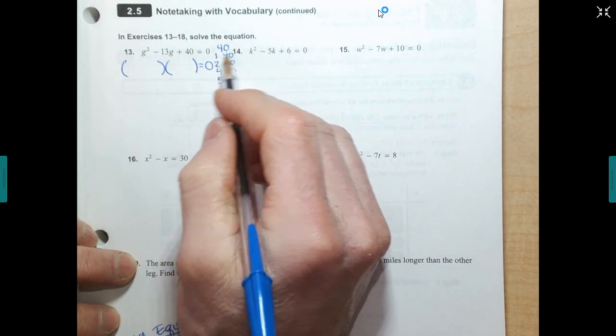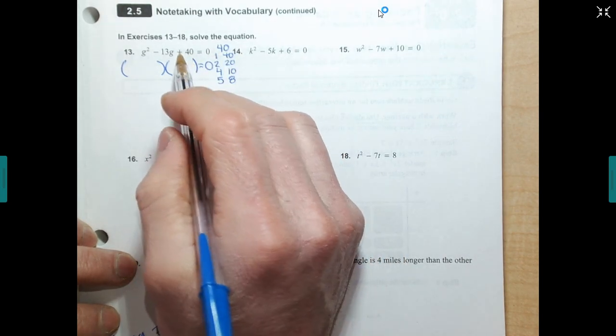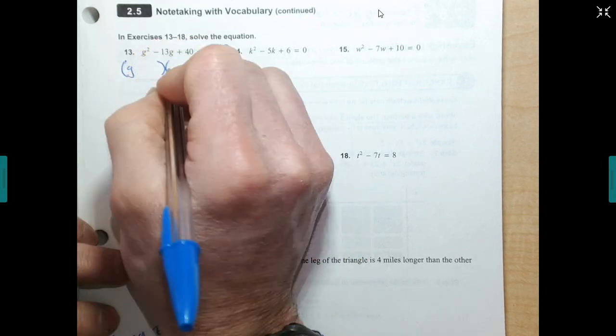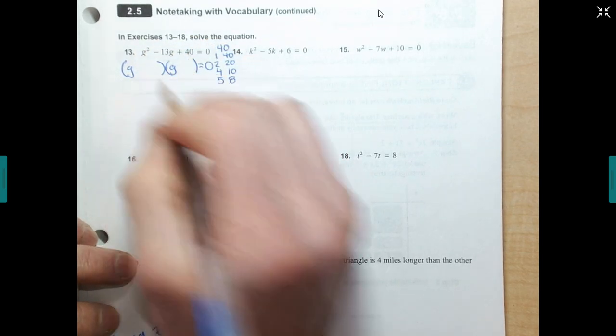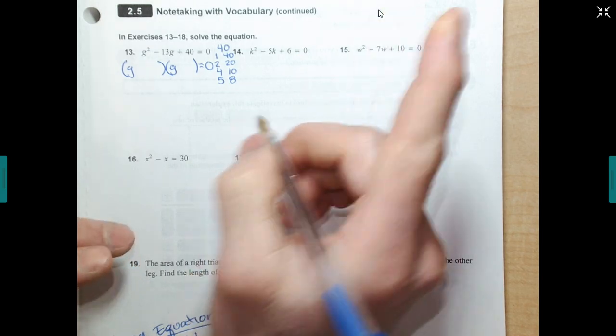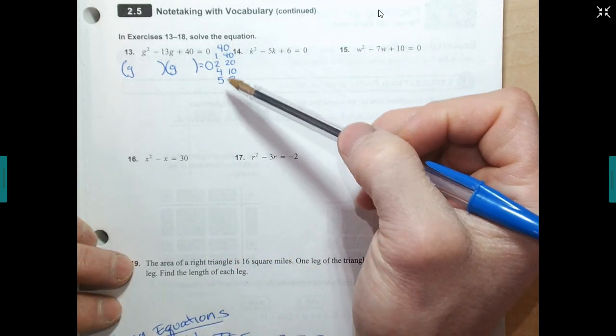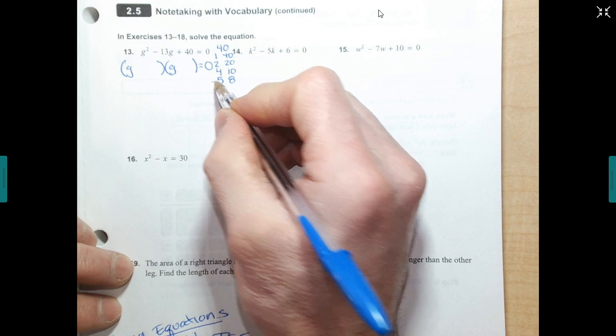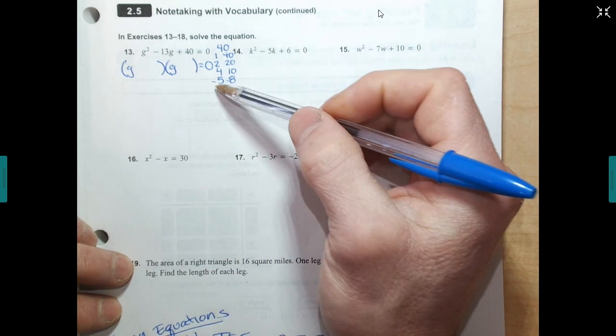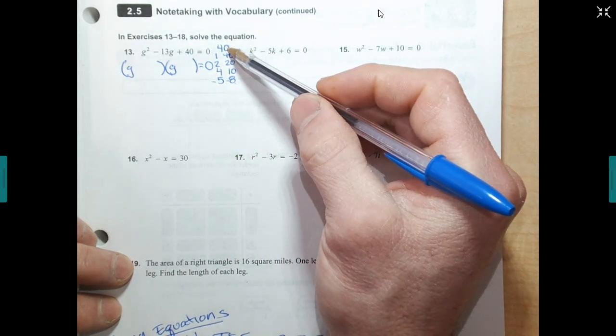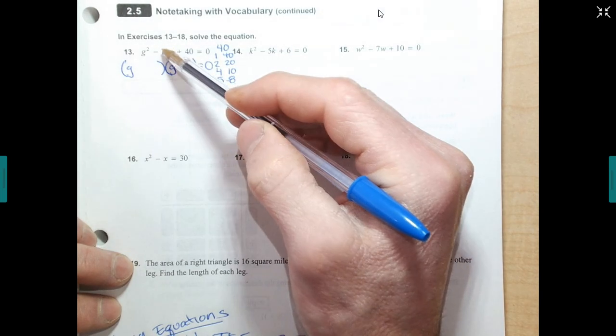But I can't have a positive and a negative. If I have a positive at the end, both of these operations have to be the same. So they're either both plus or they're both minus. So let's look here. I've got negative 5 minus 8. Negative 5 times negative 8 is positive 40. Negative 5 minus 8 is negative 13.